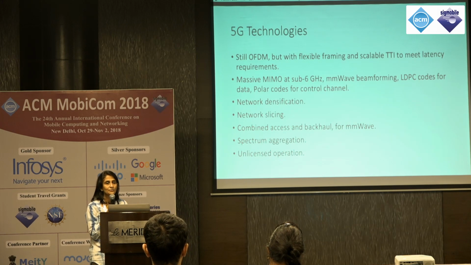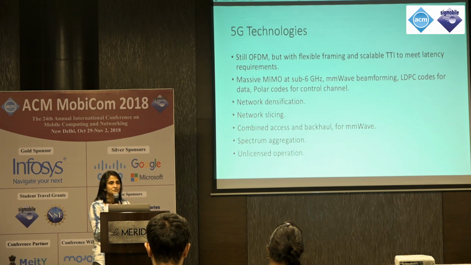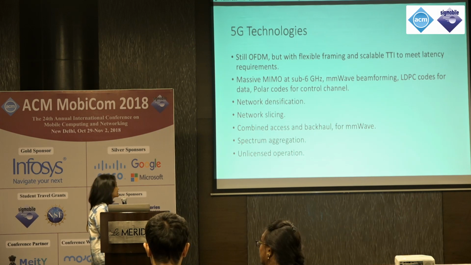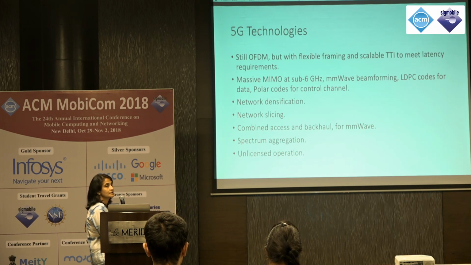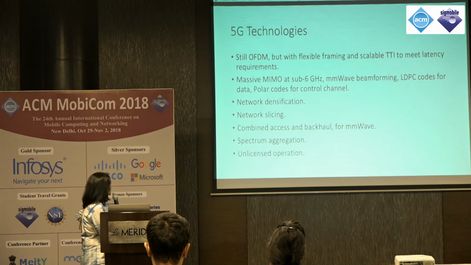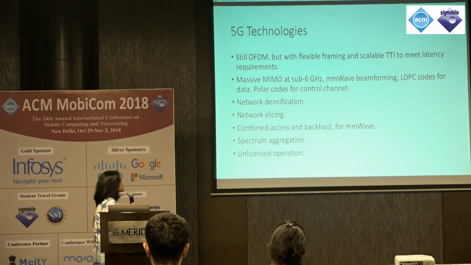When you're picking a waveform, yes, there are certain situations where a new waveform might work better than OFDM, but when you take it in the totality of all the different environments that you're going to deploy this in, it turned out that OFDM was still good enough in many ways. But they did change the way they designed the OFDM. The framing is more flexible. It has a scalable TTI, the transmission time interval, and that was done to meet latency requirements.